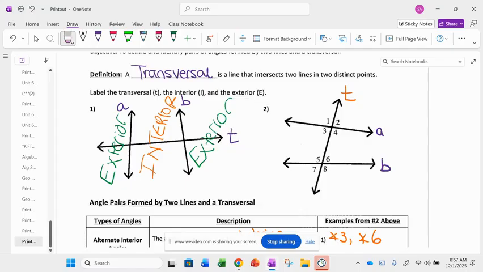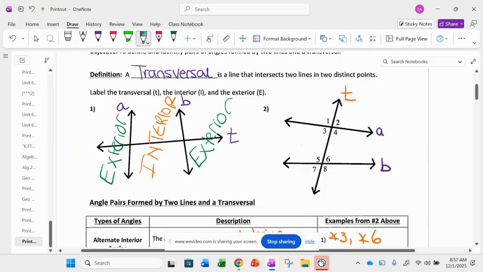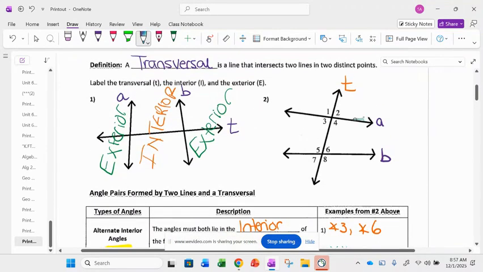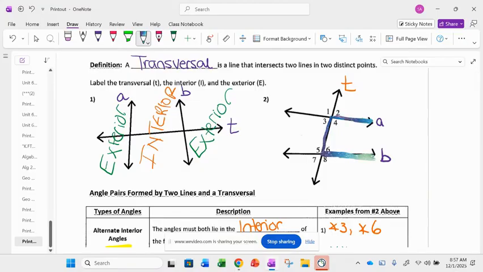4 and 6. And now I said look for that very boxy C. And I'll show you what I mean. Again, it's all about the armpits.